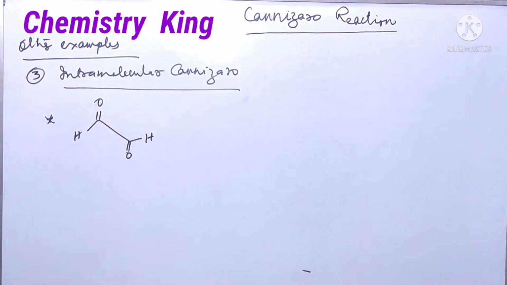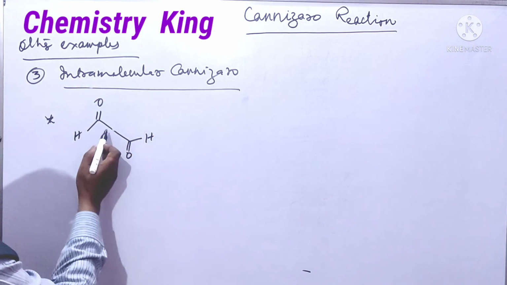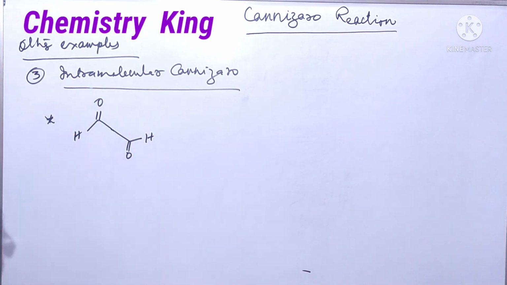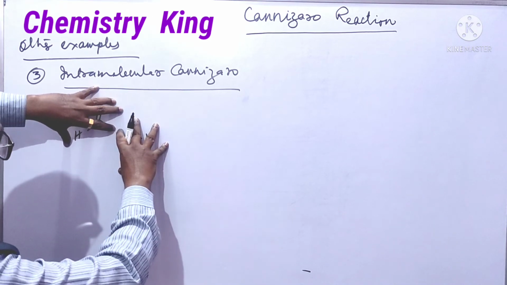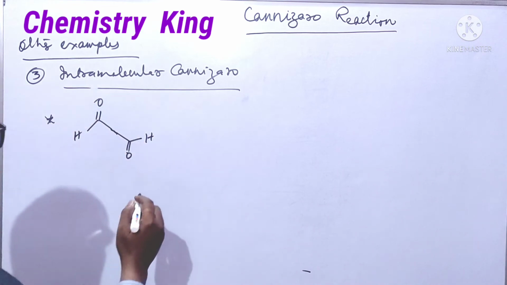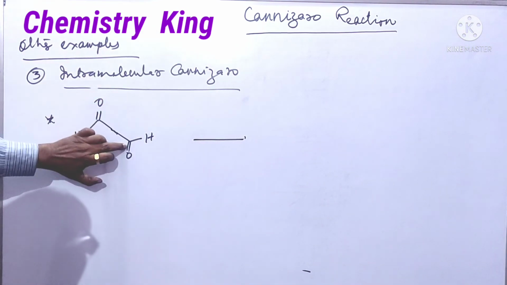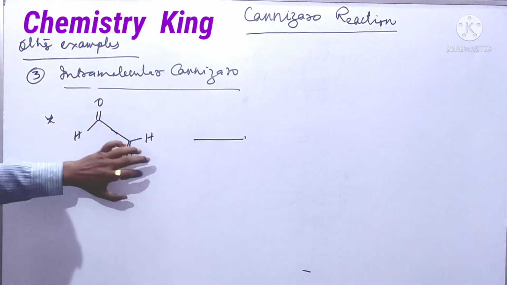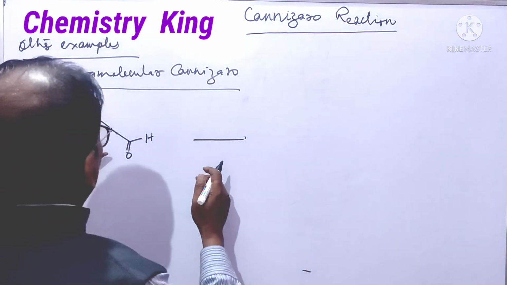Two aldehyde groups are directly attached here. Okay? And both aldehydic units are same. So one will be, and with respect to this, no alpha hydrogen. So Cannizaro reaction will take place in presence of base.